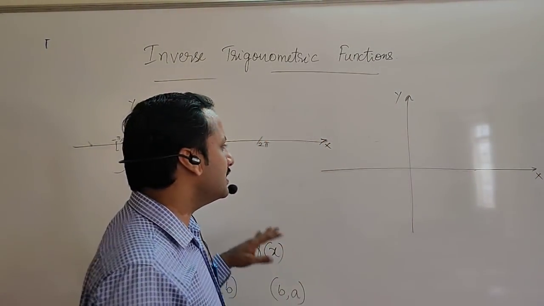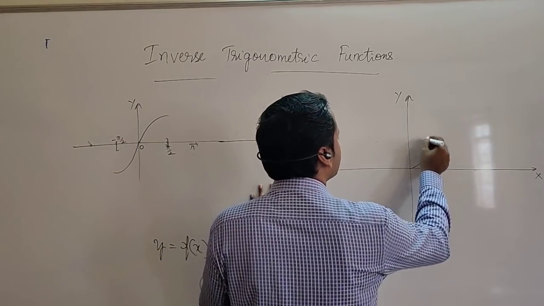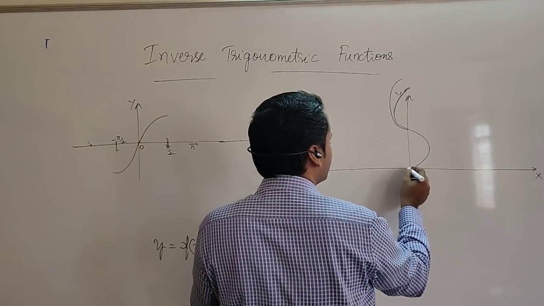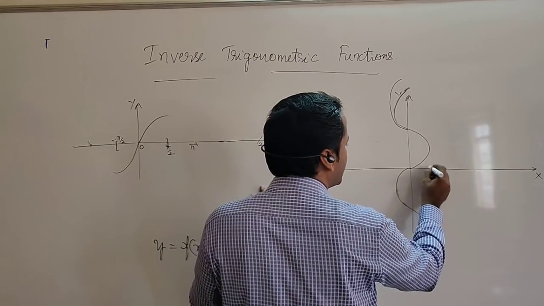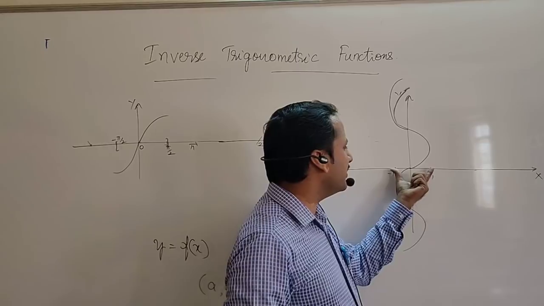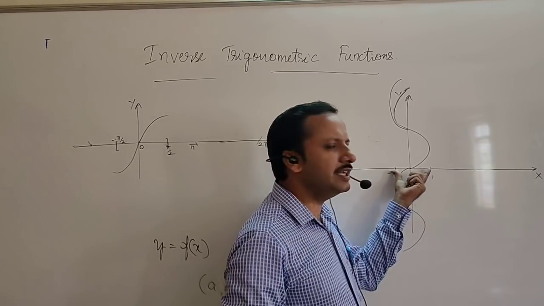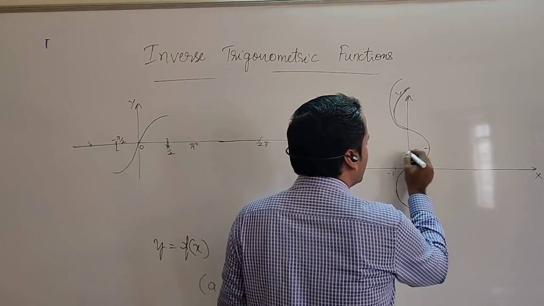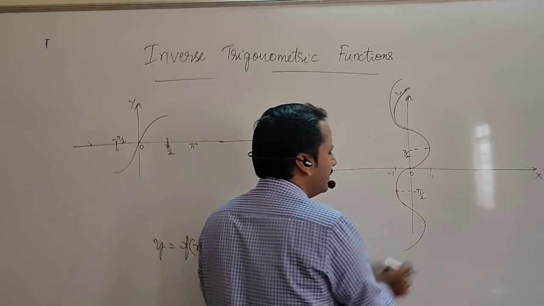So the graph of sine inverse x will look in this way. This is 1, this is minus 1. The graph of sine inverse x lies between minus 1 and 1 only, because the domain of sine inverse x is the closed interval minus 1 to 1. And this is 0, this is pi by 2, this is minus pi by 2, etc.